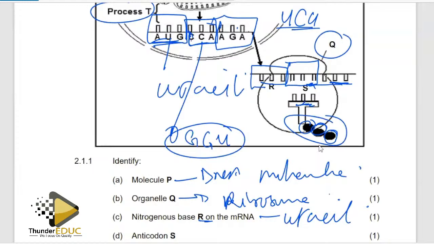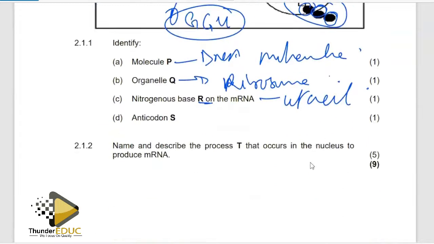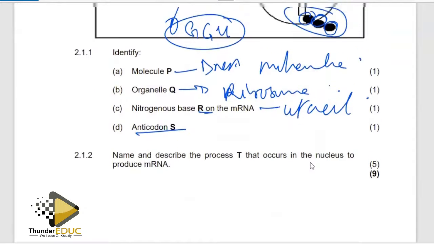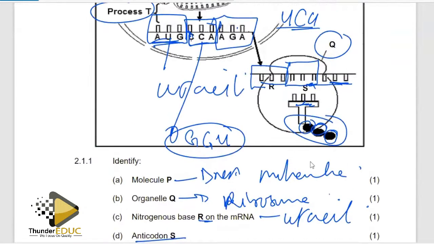So this question was supposed to be specific and describe the anticodon S. Here they just say S. We don't know where the S is. Is it here, or here, or here?